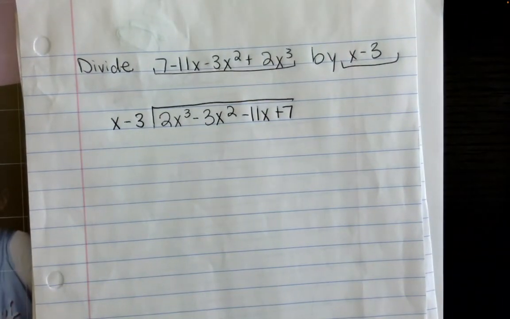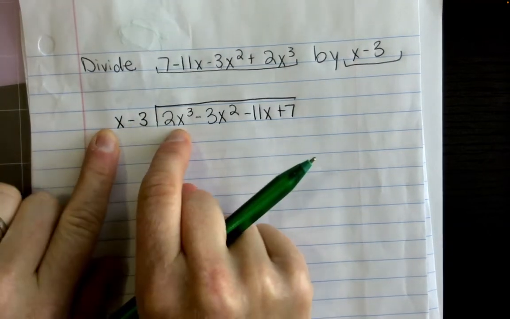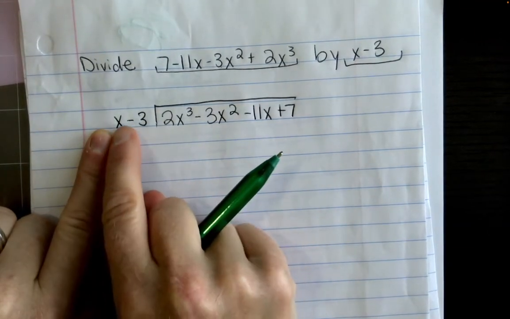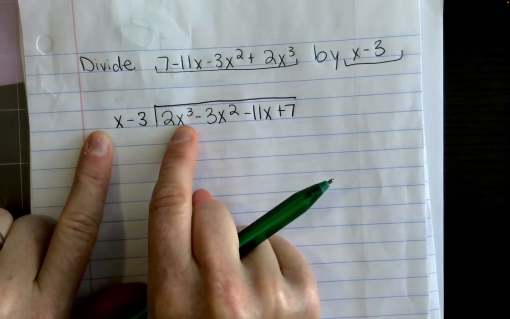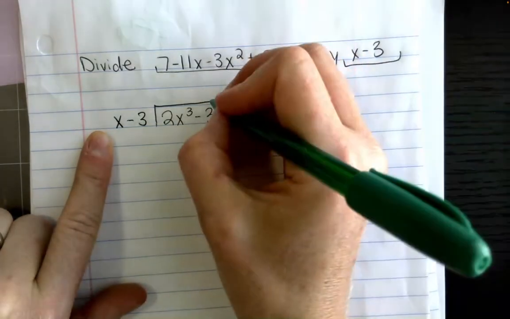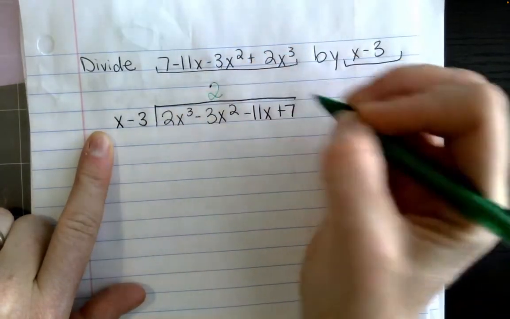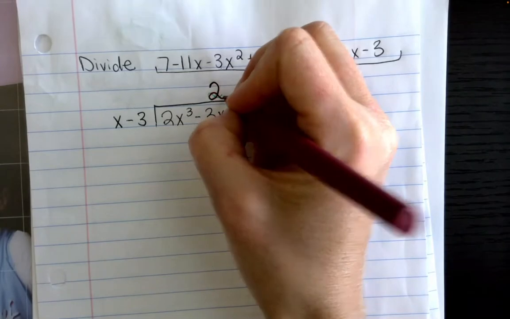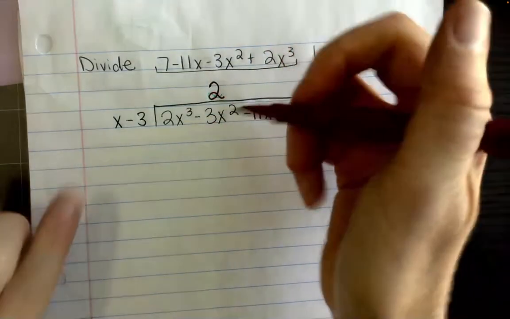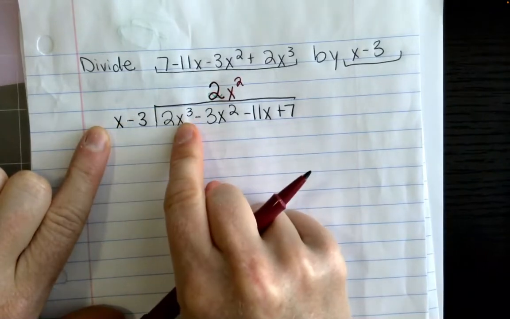Then we're going to see how we can divide this. We look at this first term and this first term. x times what gives you 2x cubed? To get the 2, you'd have to multiply by 2. And you don't put it right above, you put it one power lesser. So 2, and then x squared, because x squared and x make x cubed.